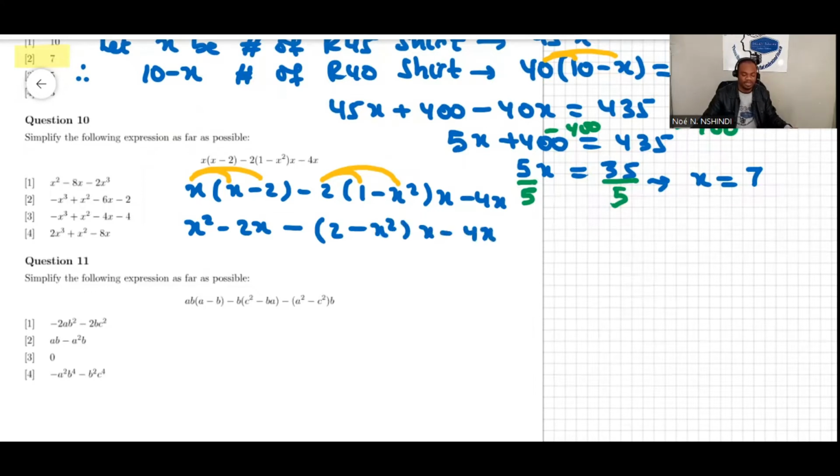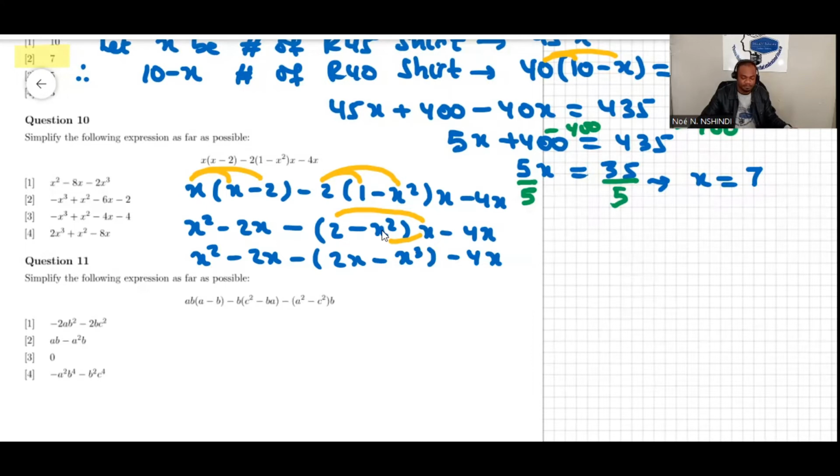Now I am going to multiply x in here also, so this will be x squared minus 2x minus open brackets 2x minus x, because x times 2 makes 2x, and x times x squared makes x cubed minus 4x.